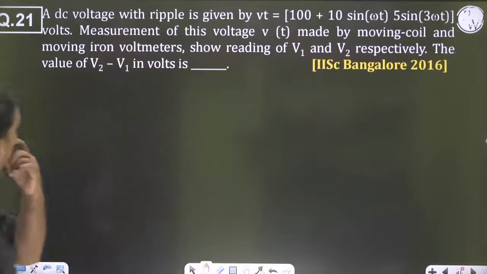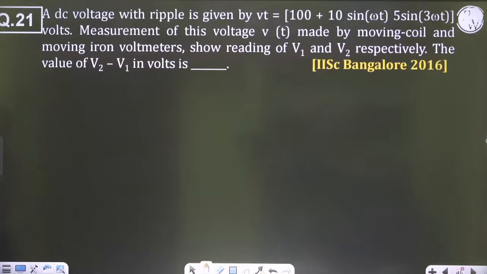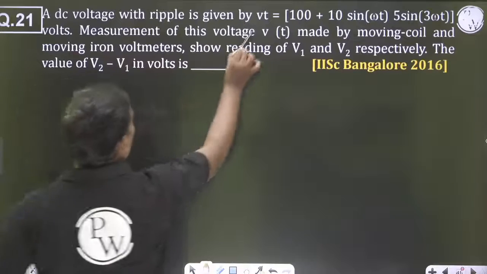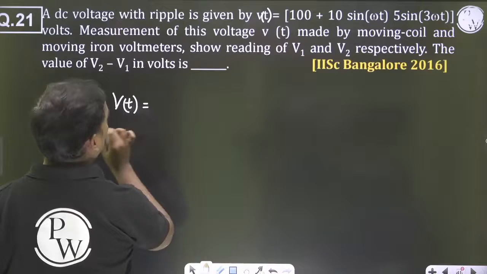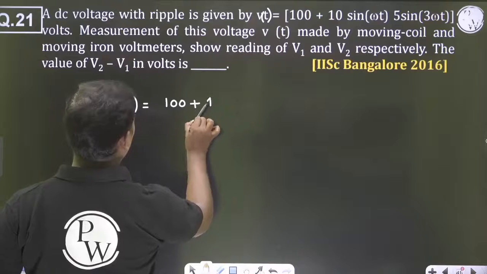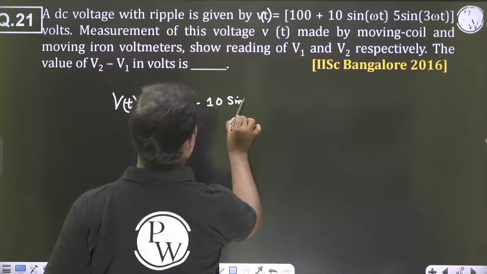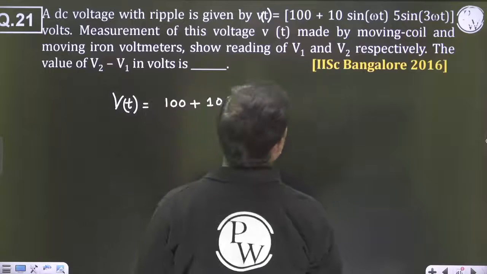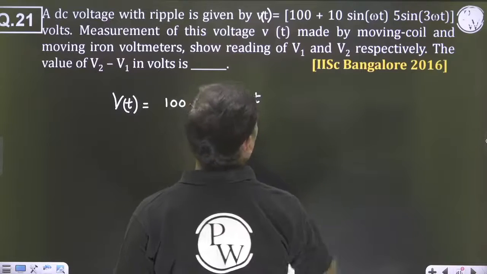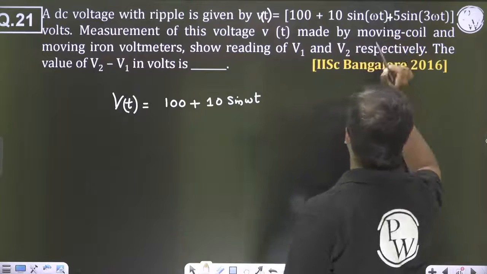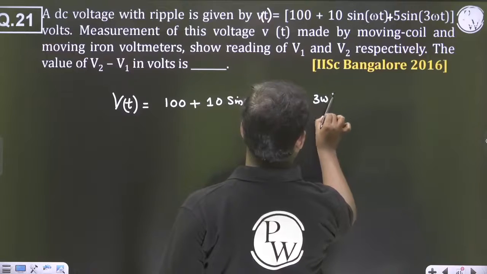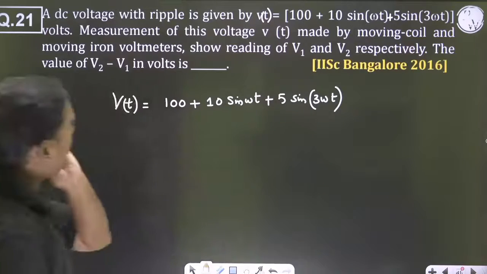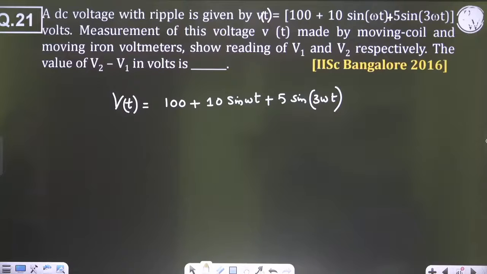Let's go for one more question. A DC voltage with a ripple: V of t is given as the expression 100 plus 10 sin omega t plus 5 sin... measured by a moving coil and also a moving iron instrument.